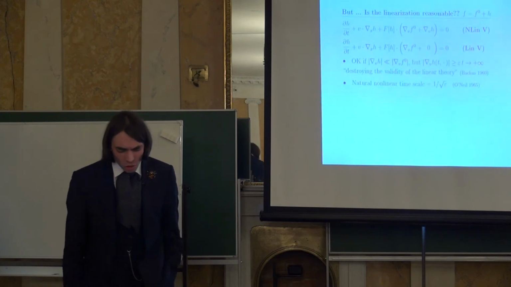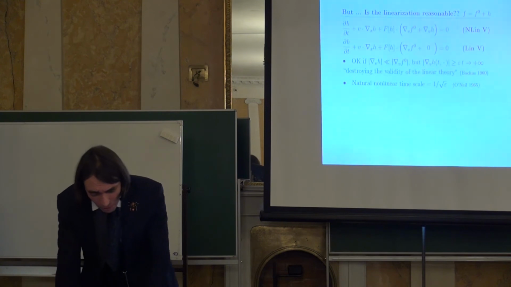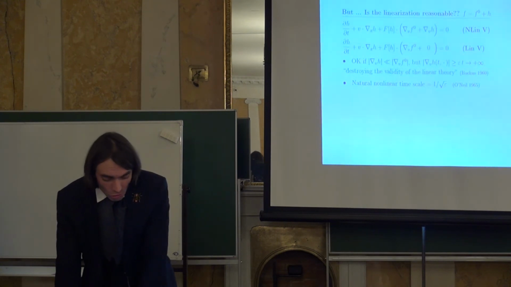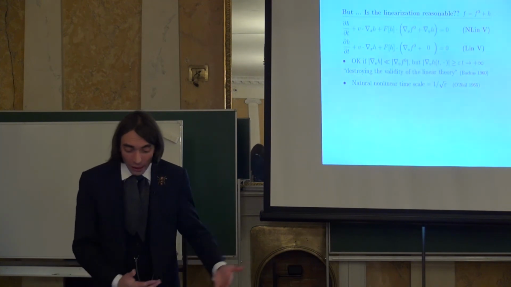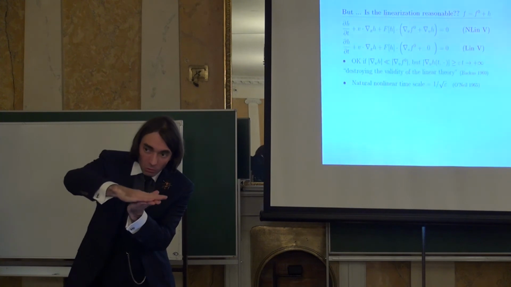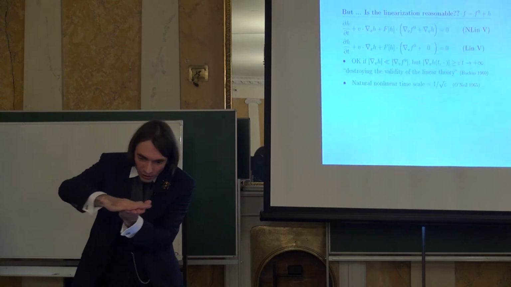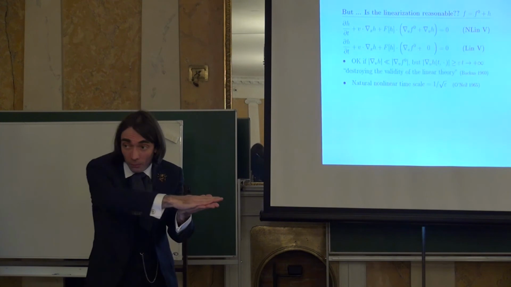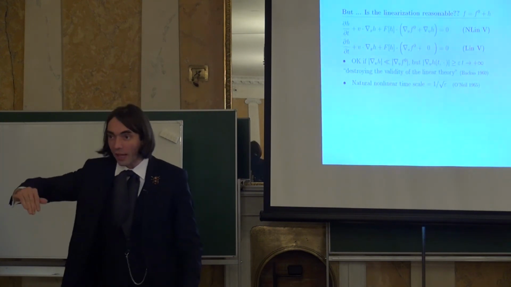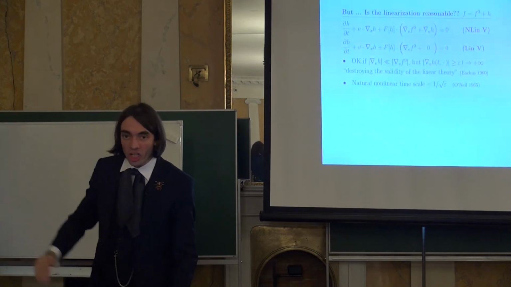There is a natural nonlinear time scale in this problem, which is 1 over square root of epsilon. This makes you wonder, even if I start close to equilibrium, of course for a short time it will remain close to equilibrium, but over a long time, maybe small perturbations combined over a long time will lead you into the nonlinear regime.